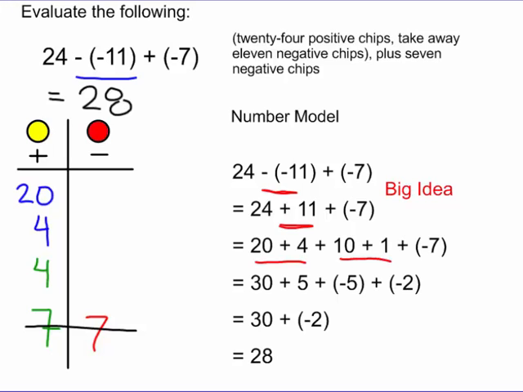I'm going to group my 10s together: 20 plus 10 is 30. 4 plus 1 is 5, so I've taken care of all the positives. Now I'm going to look at the negative values. I have a positive 5 here. If I broke the negative 7 down into a negative 5 and a negative 2, these two would zero each other out and cancel themselves out of the problem, which makes it a little bit smaller. I'm then left with a positive 30 plus two negatives. Those are hopefully fairly friendly numbers, and I get the same answer of 28.